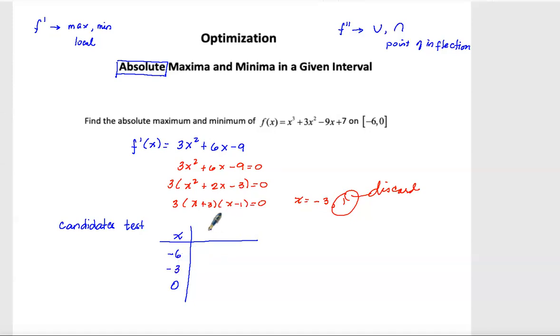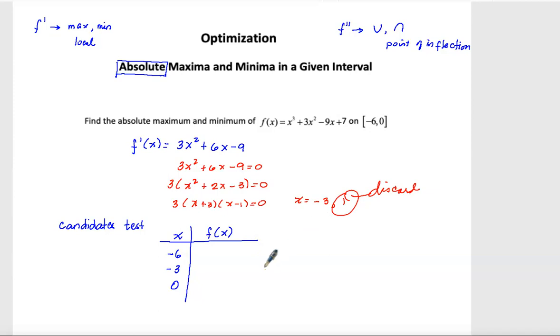And then we want to find the value of the function at each of these x values. Whichever gives us the highest value, that's your absolute maximum, and whatever gives you the lowest value, that's the absolute minimum. So how do we find it?